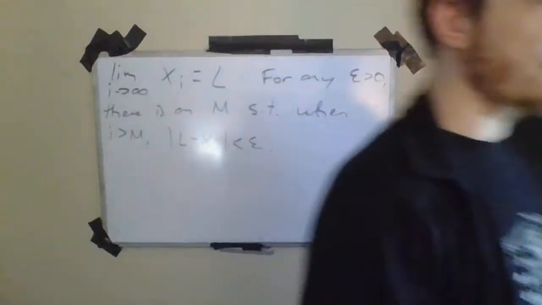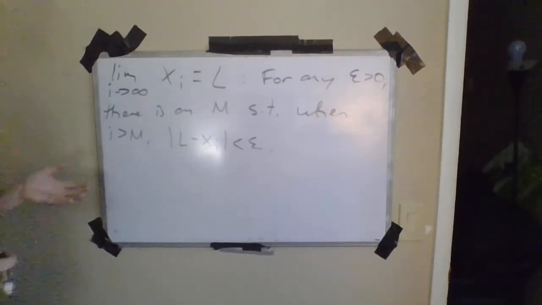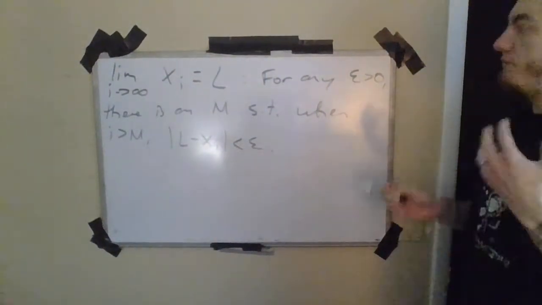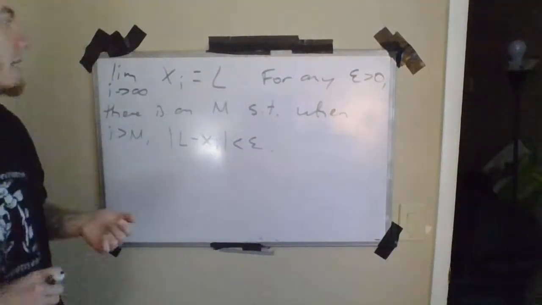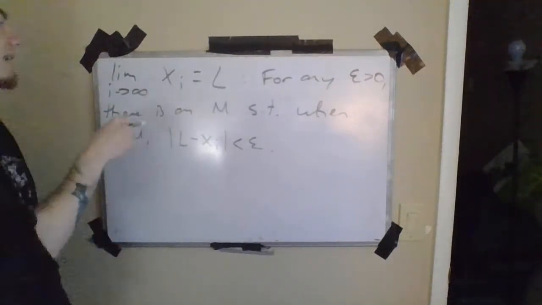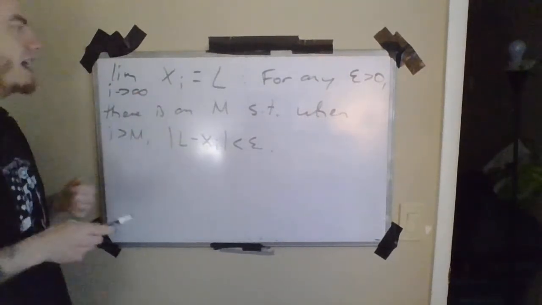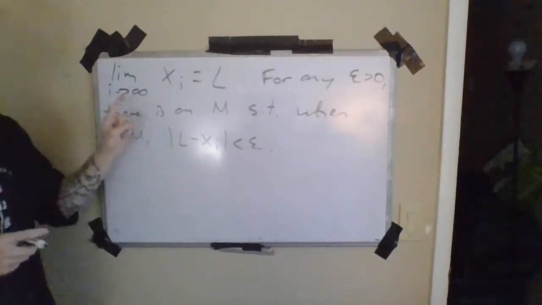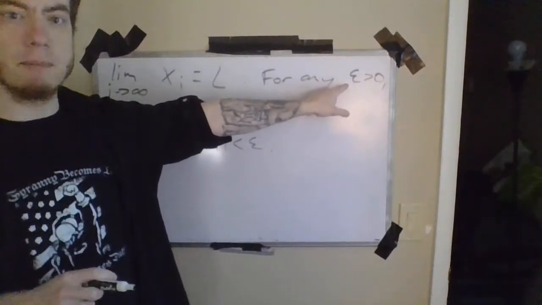Now, if you think back to calculus 1, to the limits at infinity that we defined there, you'll notice that this is pretty much the same definition. The only difference is that instead of dealing with a variable being bigger than M, like a standard variable we would be used to in calculus 1, in this case we're dealing with the index i being restricted to be bigger than M. So the point about this whole definition is that for a sequence to converge to L, this just means that we can guarantee our sequence is as close as we would like, and that's where this epsilon comes in.